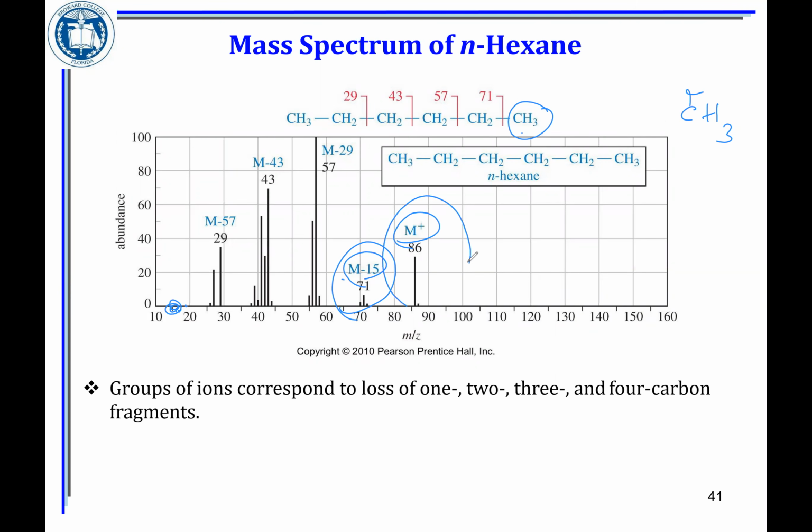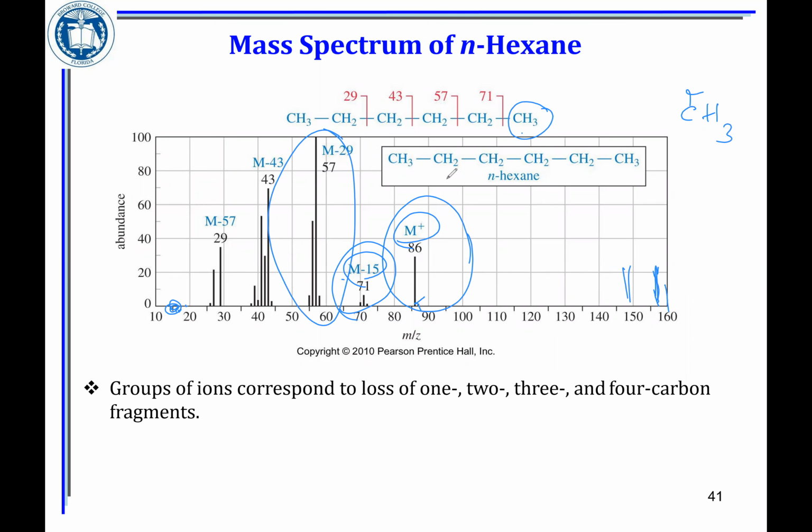So molecular mass, the base peak, and isotope ratio. Remember that for mass spec. And then the fragmentations. What gives the base peak is the most stable carbocation.